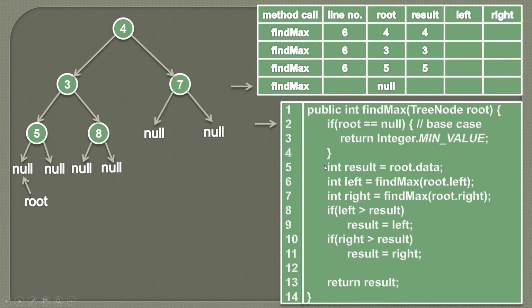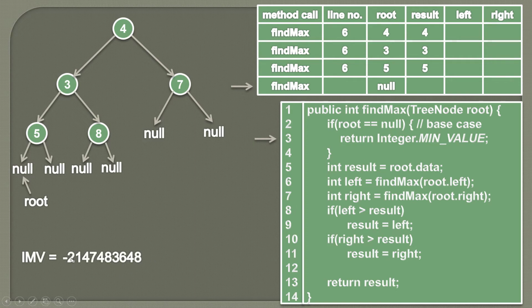Here we will check whether root is equal to null or not. So here you can see that we have encountered a base case, that root is equal to null. So we will simply return the minimum value of the integer, because as root's left is null, there are no more nodes to traverse, and we will simply return the least value of the integers, which is Integer's min value, whose value is this.